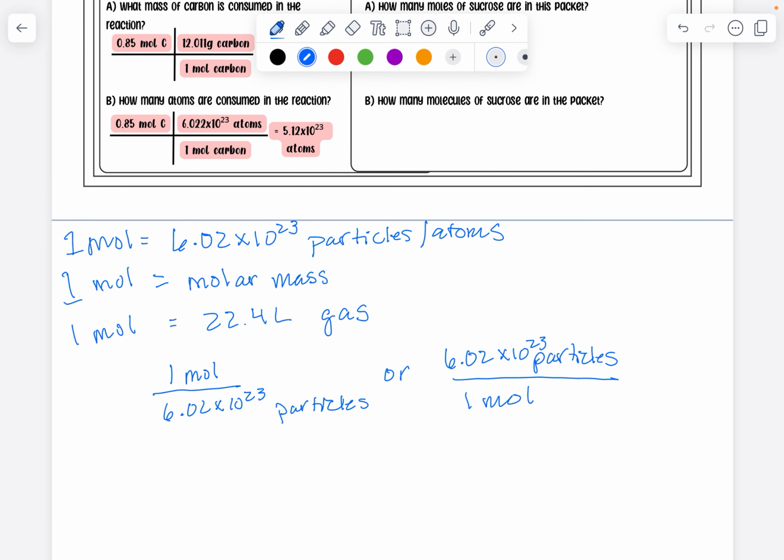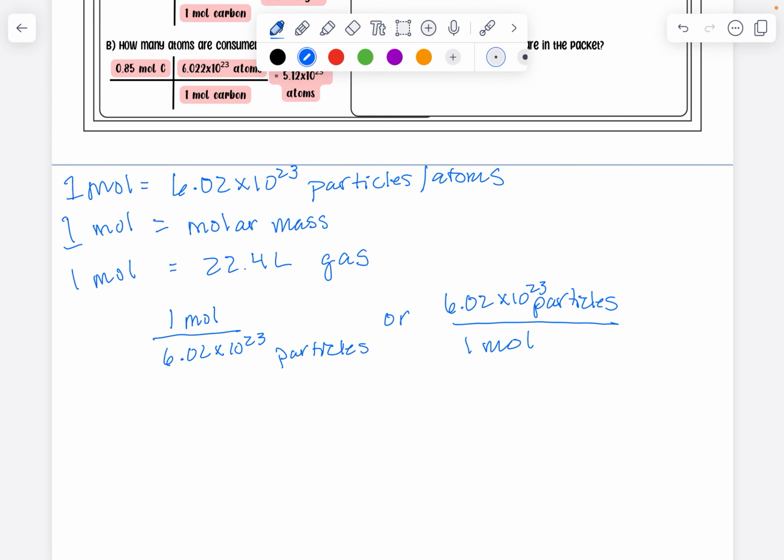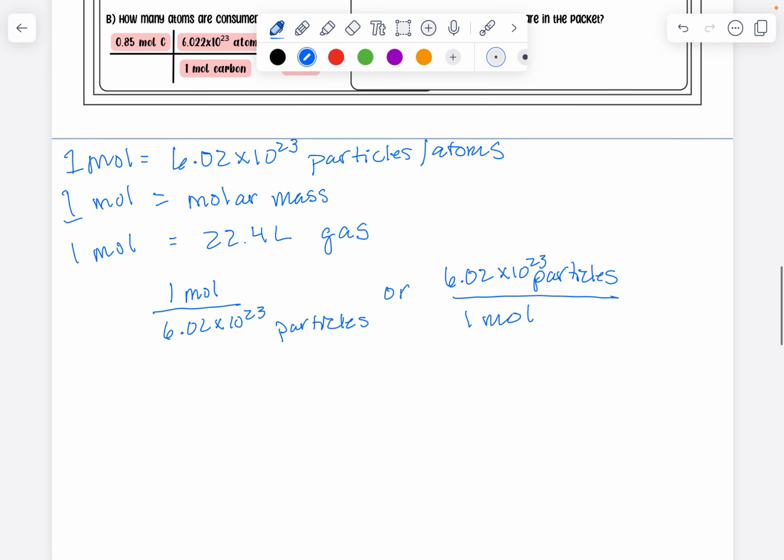And that is a way that we can convert from one to the other. I can also say that 1 mole is equal to the grams of that chemical formula, the molar mass that we did before.